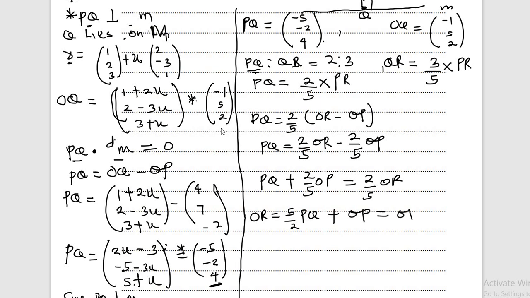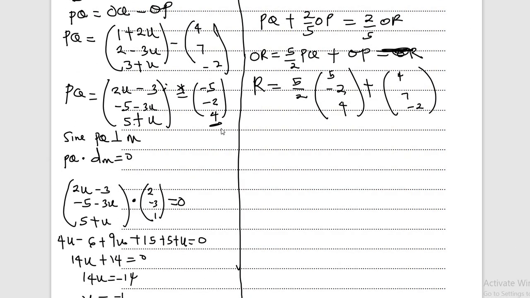OR is R. So let's do it: 5 over 2 PQ. What's PQ? Minus 5, minus 2, 4. What's OP? OP is P, that's 4, 7, minus 2.